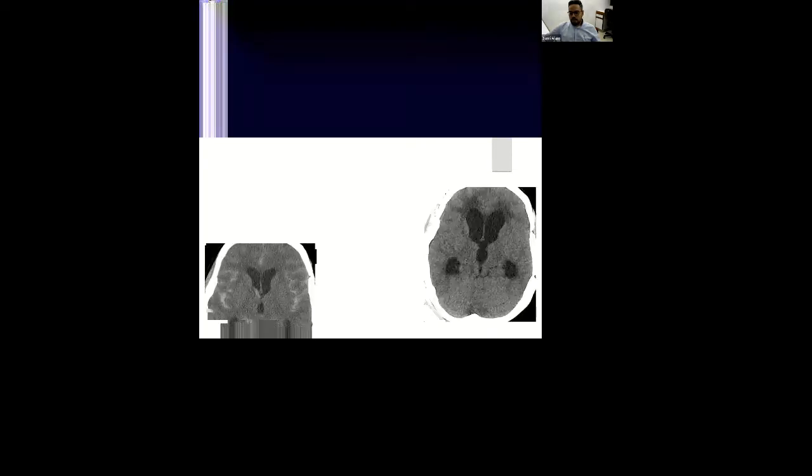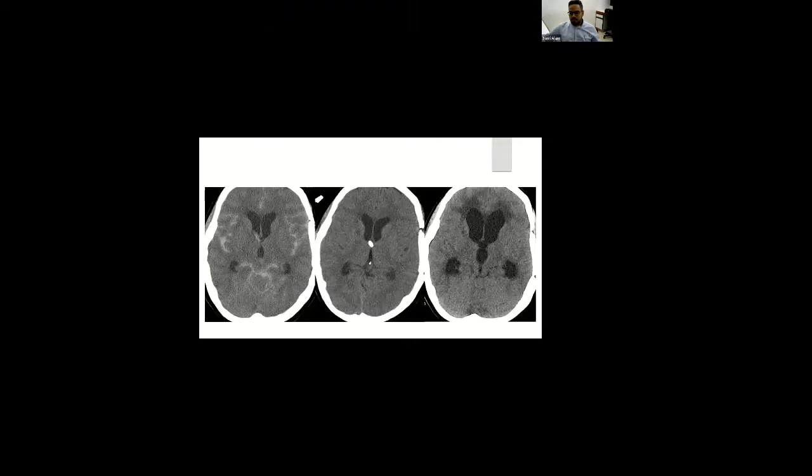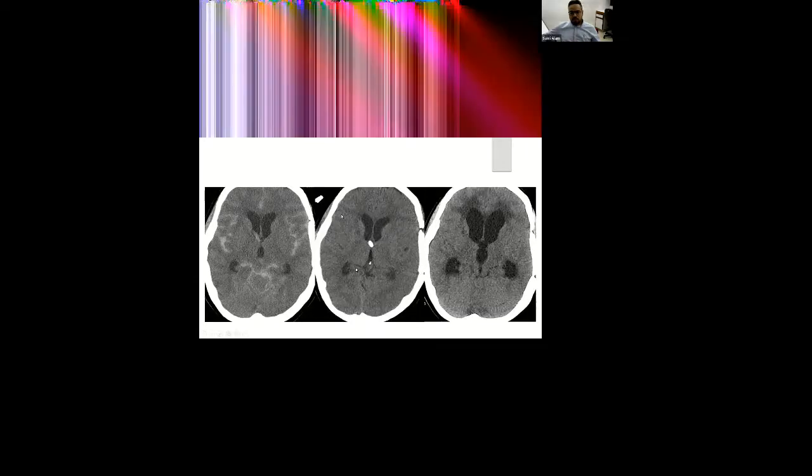So these are the CT axial images of a patient who presented with subarachnoid hemorrhage. You can see the hyperdensity within the cortical sulci. This was followed by placement of a ventricular drain, and a week later you can see that there is interval resolution of the subarachnoid hemorrhage.